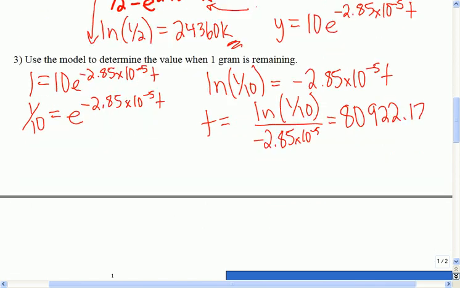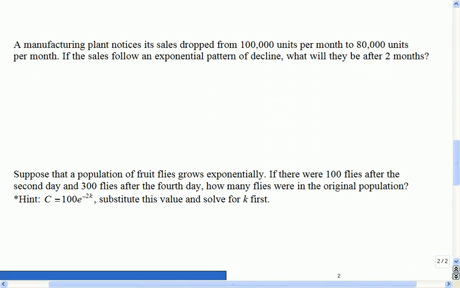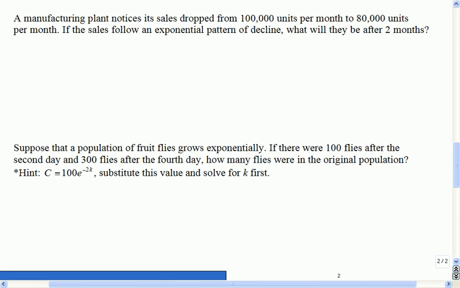Okay, so let's have you try doing a couple here with your neighbor. So these next two here, the first one is a manufacturing plant. Just to be clear about the question, in case the wording is difficult, let's say that the sales dropped from 100,000 units to 80,000 units a month, and that happened in a 1 month time span.